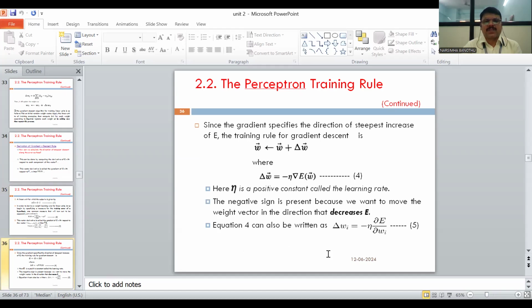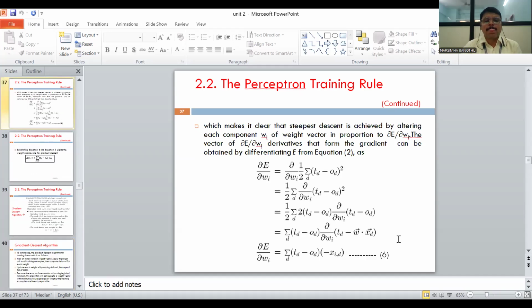Since the gradient specifies the direction of steepest increase of E, the training rule for gradient descent is W tends to W plus delta W, where delta W is equal to minus eta gradient E of W. This is equation 4. Equation 4 can also be written as delta Wi is equal to minus eta dou E by dou Wi, equation 5.